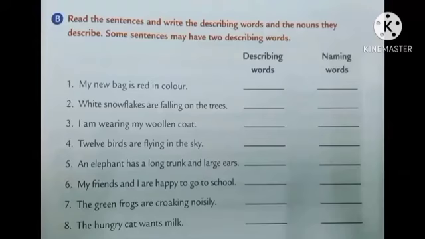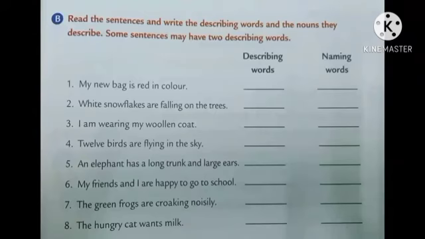Now turn to the page 35. Let's start with exercise B. Read the sentences and write the describing words and the nouns they describe. Some sentences may have two describing words. So what you have to do, children? You have to read the sentences.